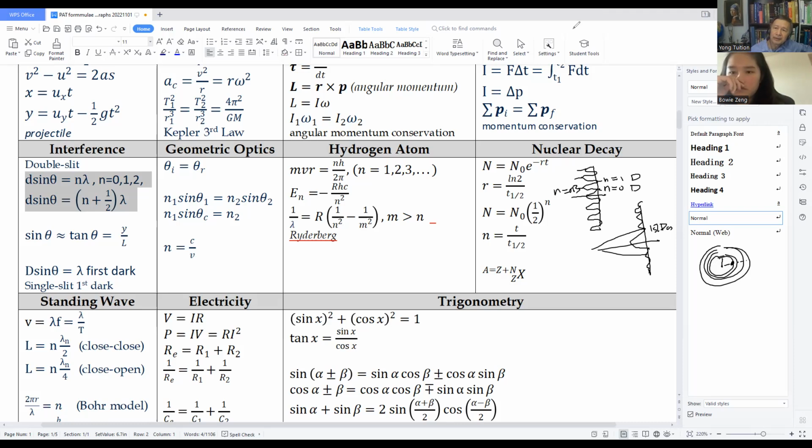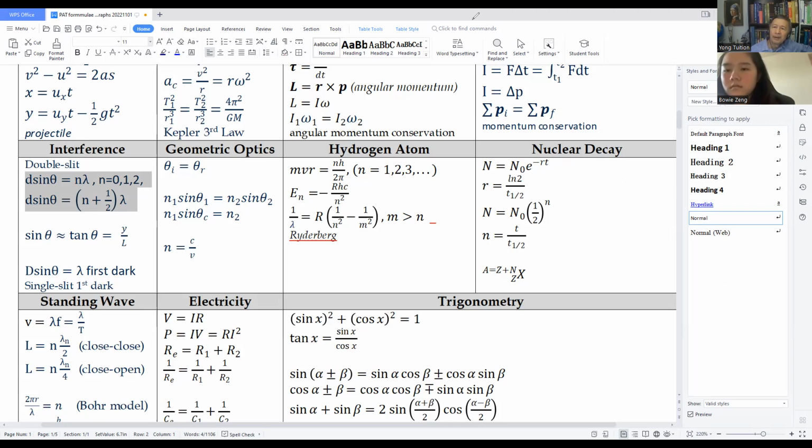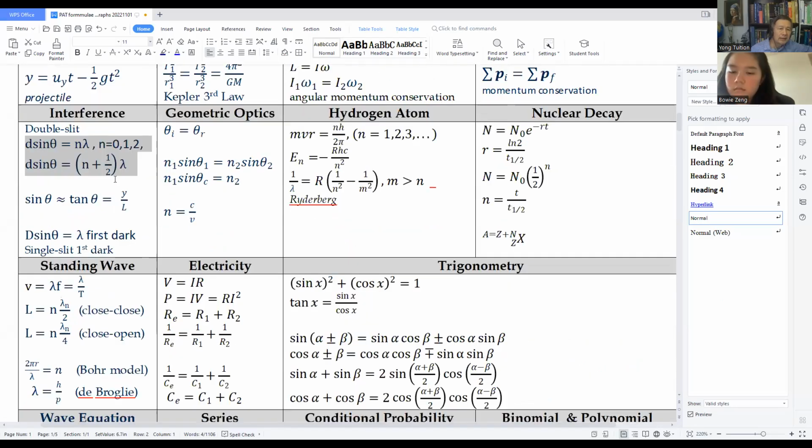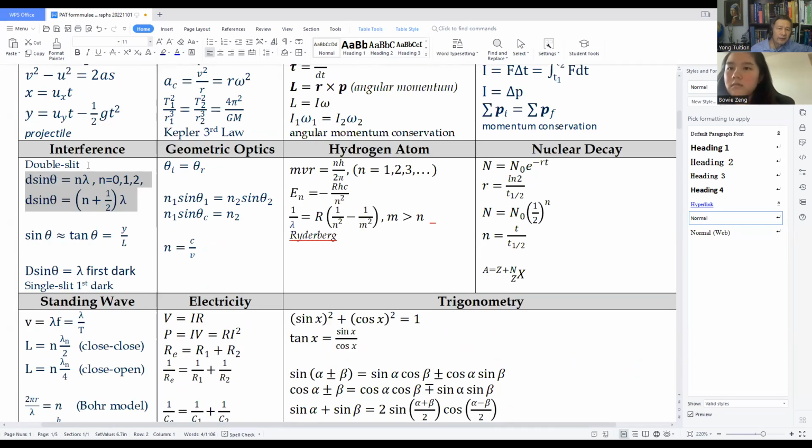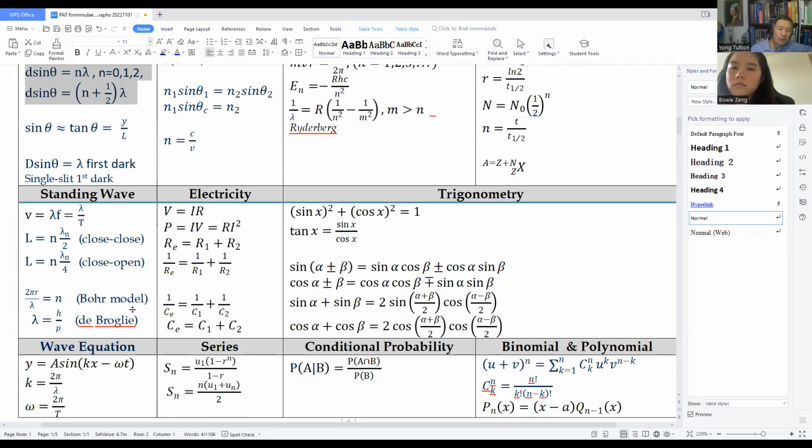With the question, we can slow down a little bit. Stop that. Go back. So that is interference, and continue with the wave. Interference and the standing wave all belong to wave.